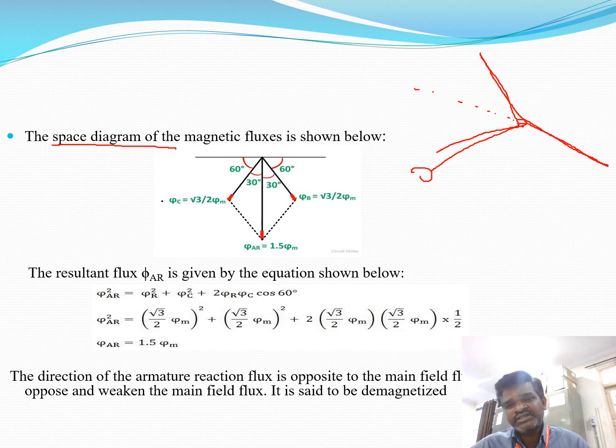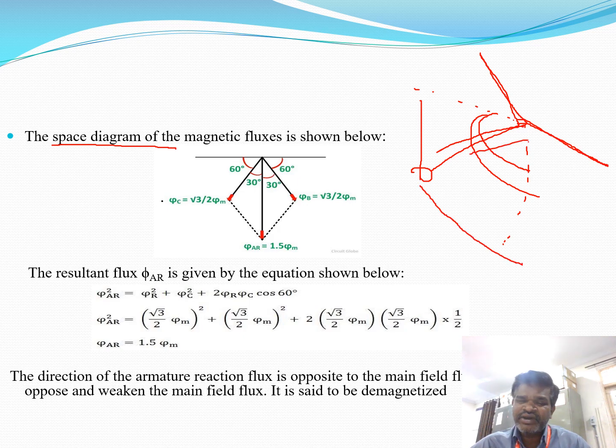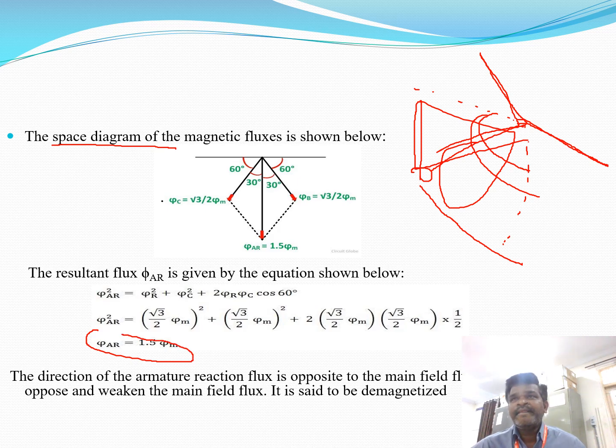You can close the phasor diagram. Again, similar to the previous case, it is 60 degrees, 60 and 120. By drawing the vector diagram, the resultant we calculate again gives 1.5 times the maximum flux.